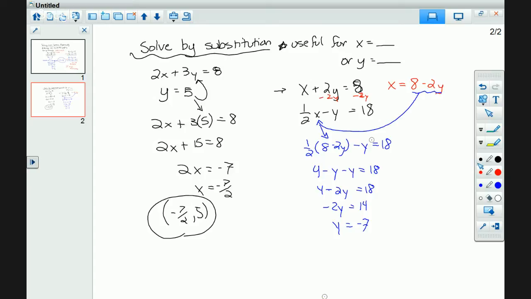And then plug it in here. How do you get your x value? 22.